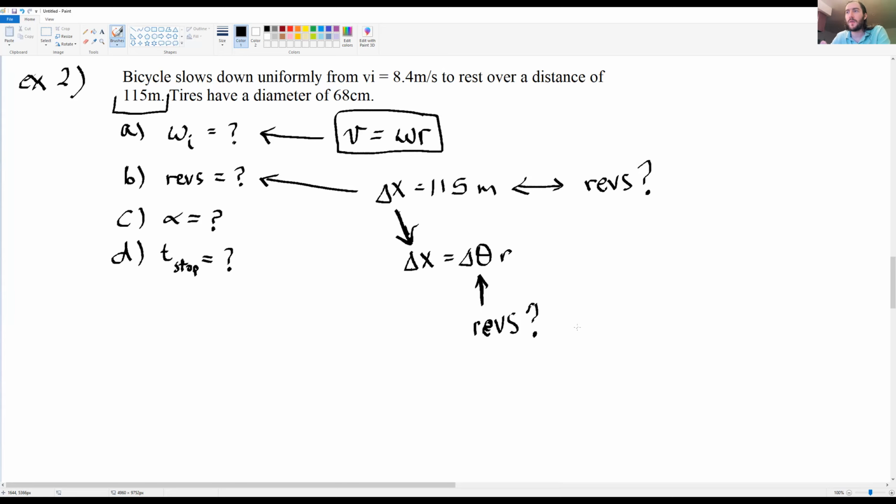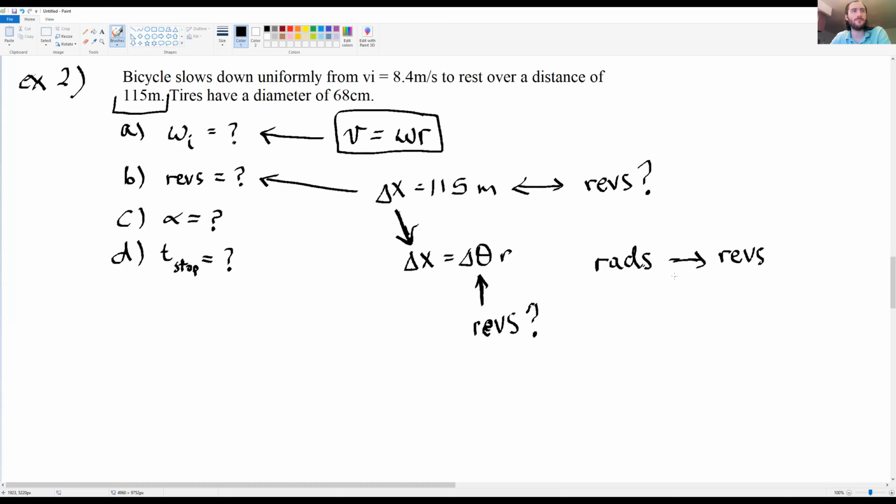Once you know theta in radians, how do I go from radians to revolutions? 2 pi radians equals 1 revolution, right?